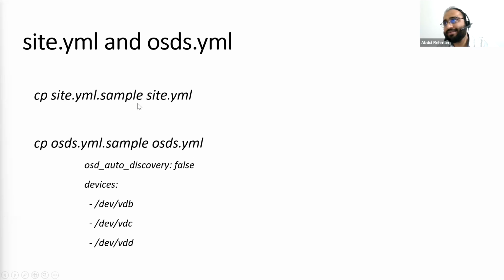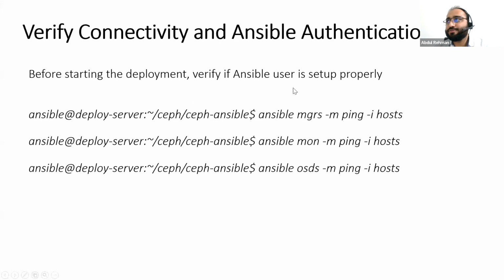So cp site.yml.sample to site.yml, and in osds.yml.sample you need to edit these. You need to specify the devices. And before we actually start the deployment, you can verify the connectivity. We will do that now.